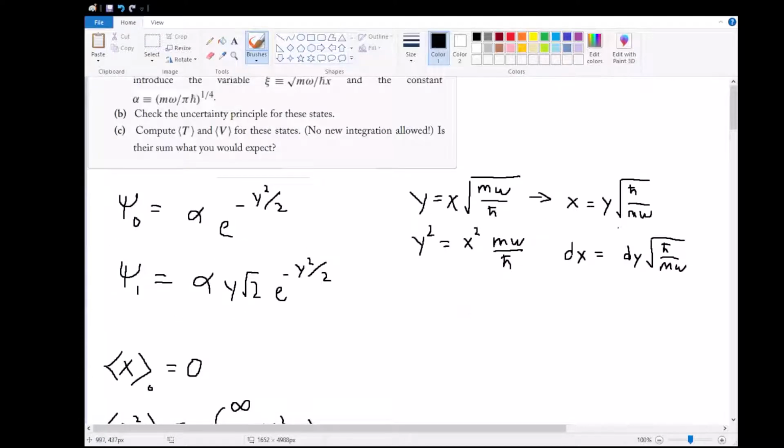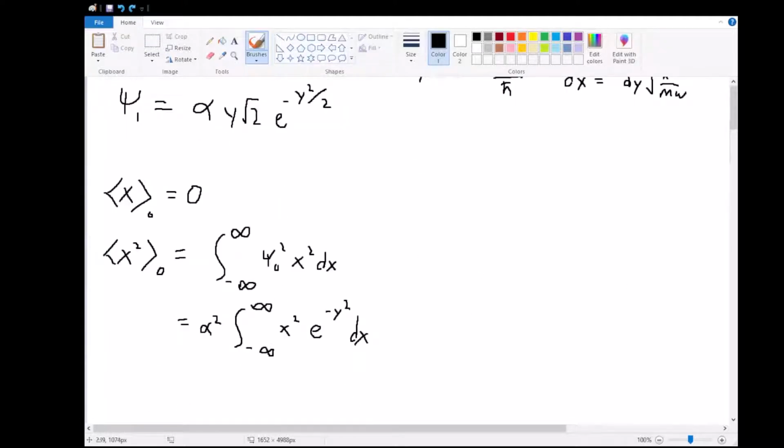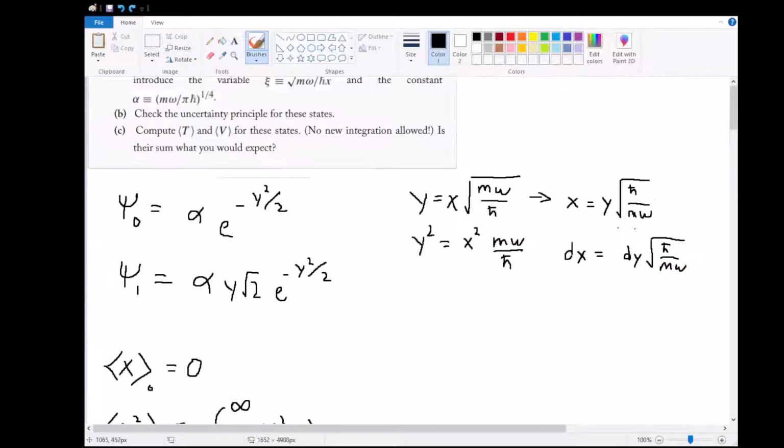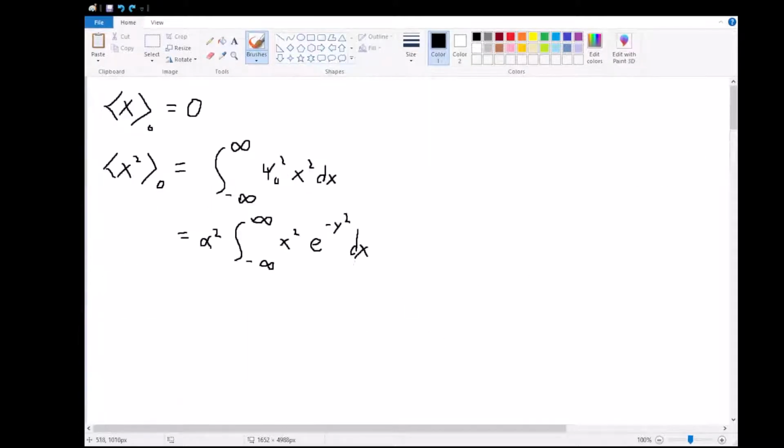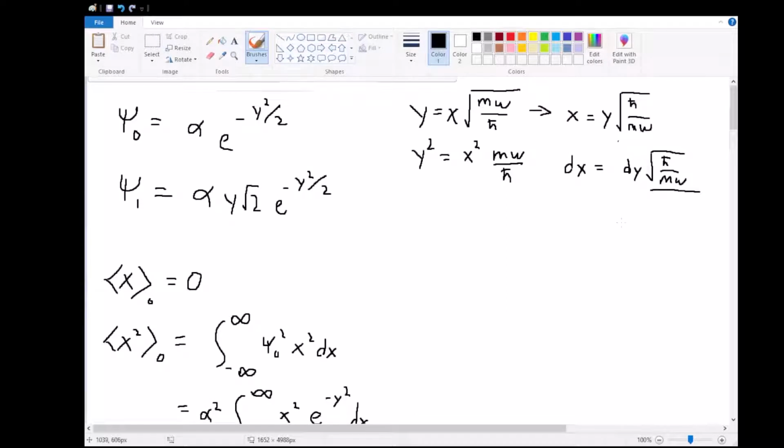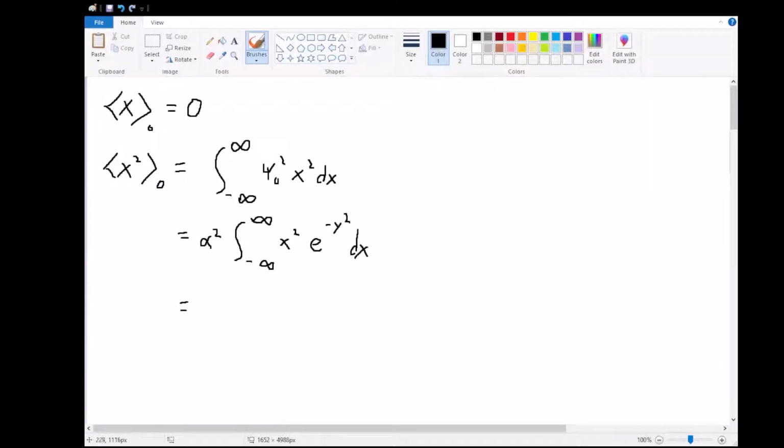Once again, we use this change of variable, so x squared contributes a factor of h bar over m omega. dx contributes another factor of square root of h bar over m omega, so we get a total of alpha squared times h bar over m omega to the 3/2. This is a horrible exponent writing, I'm sorry. Multiplied by the integral from negative infinity to infinity of y squared times e to the negative y squared dy.